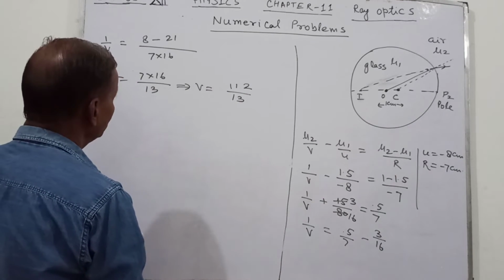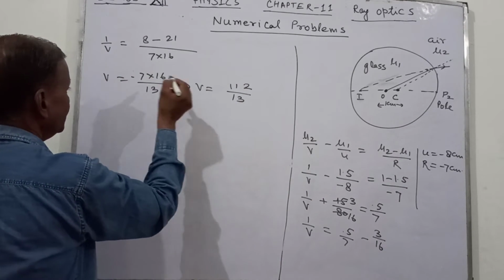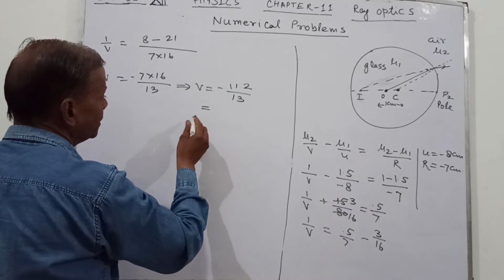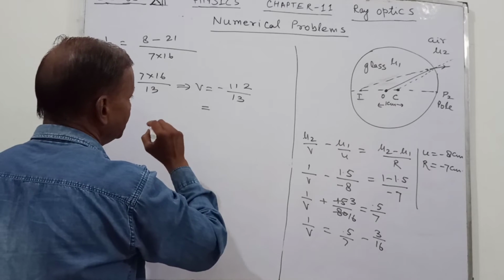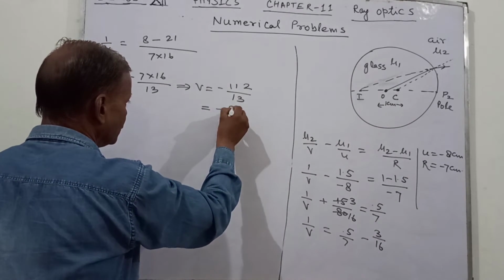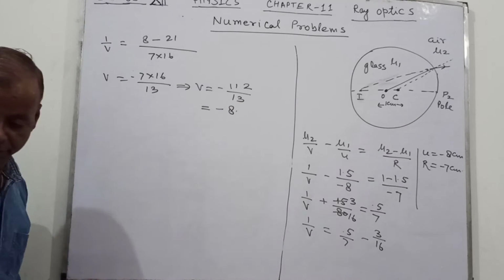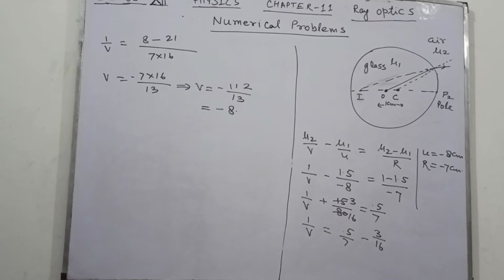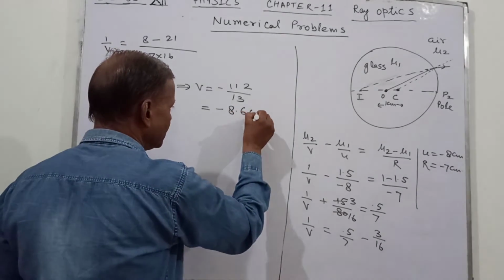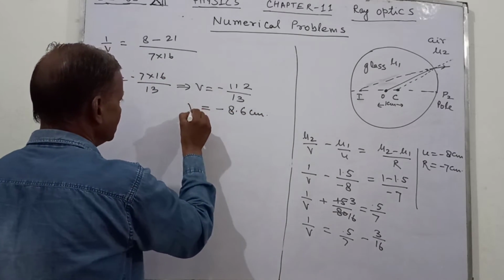So this will be your negative. So this is how much? 13 into 8 is 104. So this is now 8 point, how much? 8.6 centimeter. This is now B.